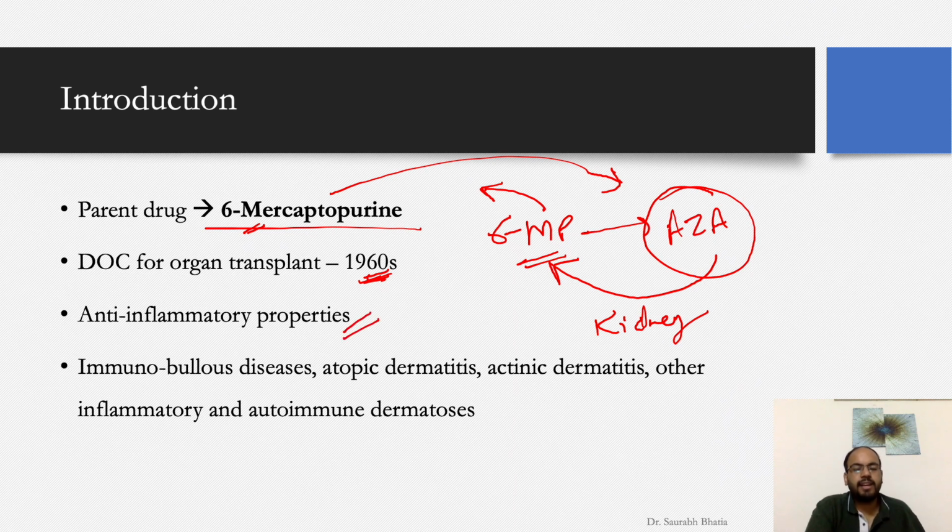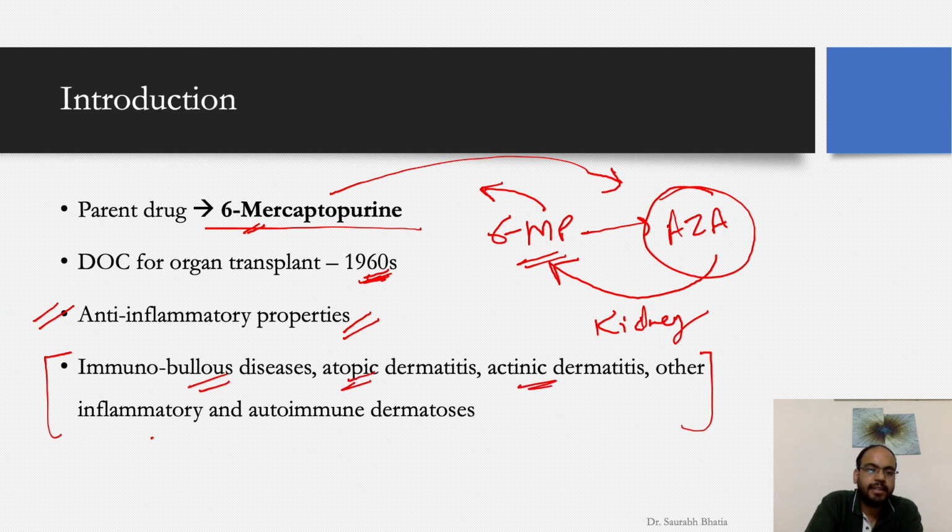During its use as an anti-transplant rejection medication, it was noticed that it has significant anti-inflammatory properties, predominantly due to its action on incorporation of metabolites inside the DNA of immune cells, leading to immunosuppression. In dermatology, its major use lies in immunobullous disease, atopic dermatitis, actinic dermatitis, and inflammatory and autoimmune dermatoses, but these are all non-FDA approved indications.